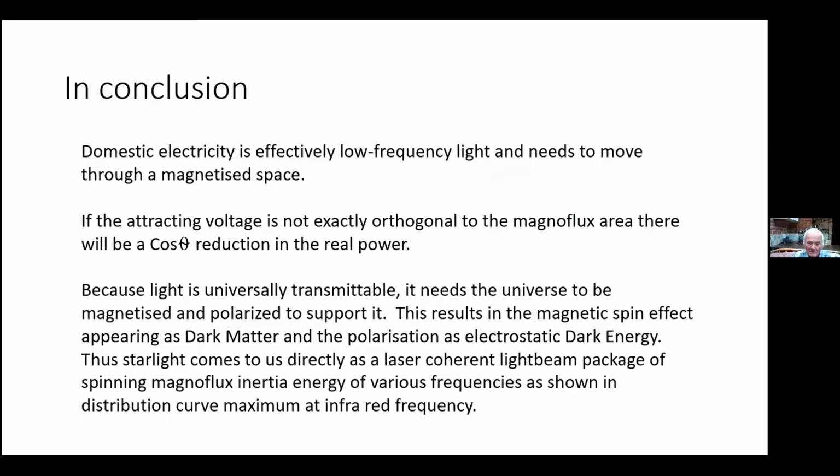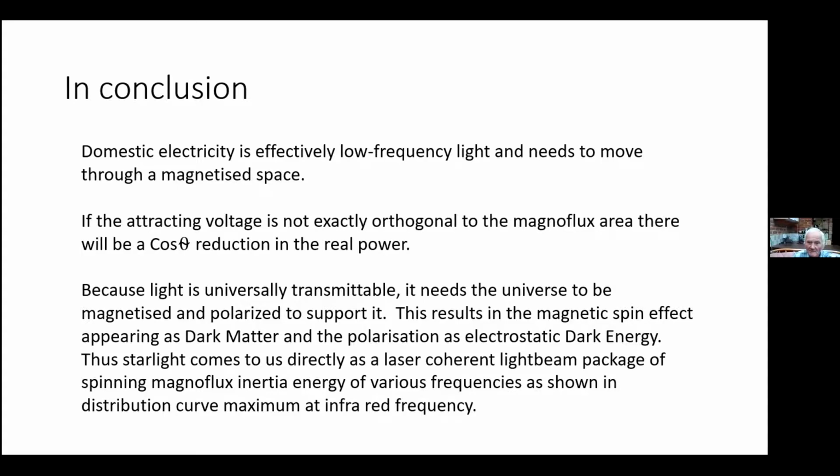So, in conclusion, domestic electricity is effectively low frequency light and needs to be moved through space, through a magnetized space. If the attracting voltage is not exactly orthogonal to the Magnoflux area, there will be a cosine reduction in the real power. Because light is universally transmissible, it means the universe has to be magnetized and polarized to support it.